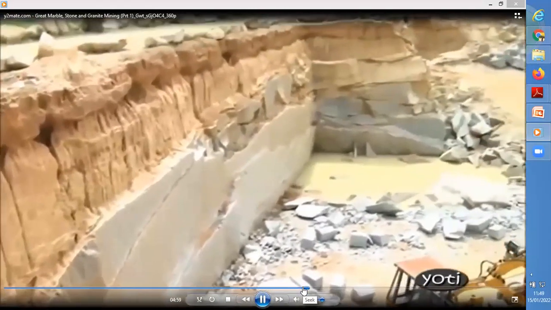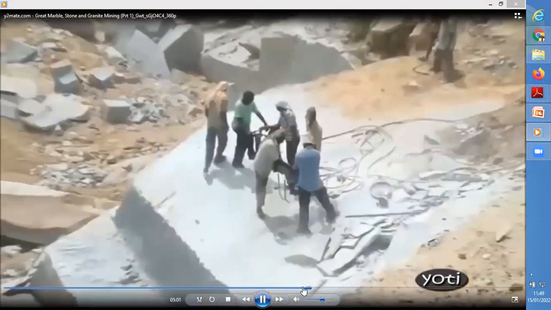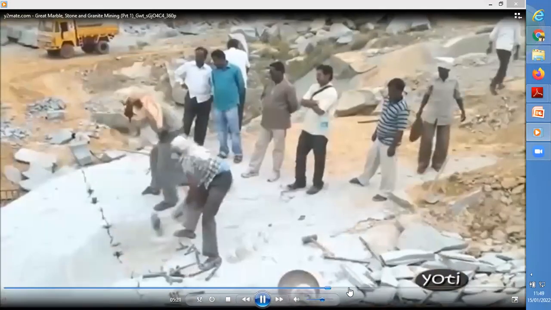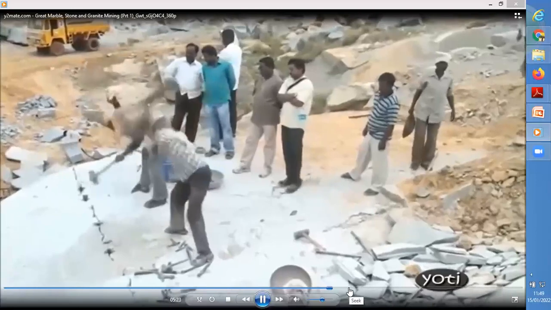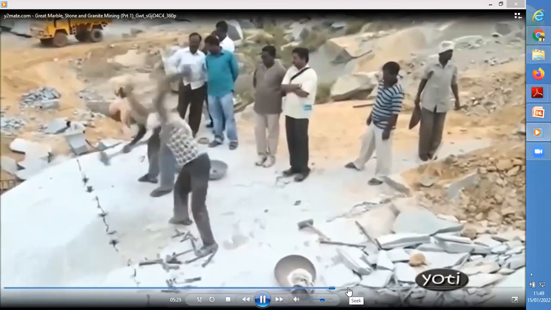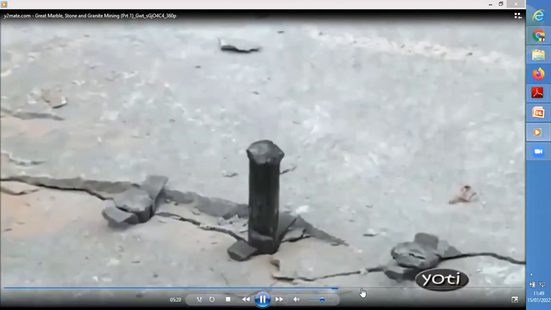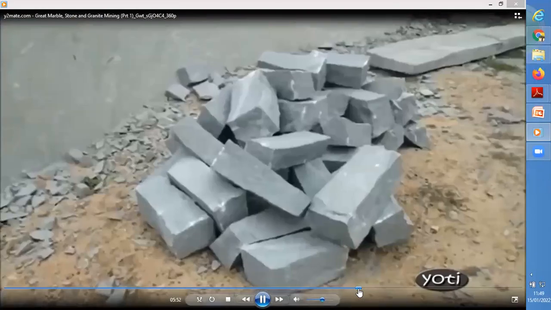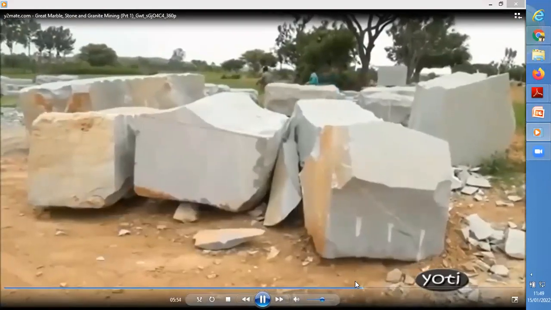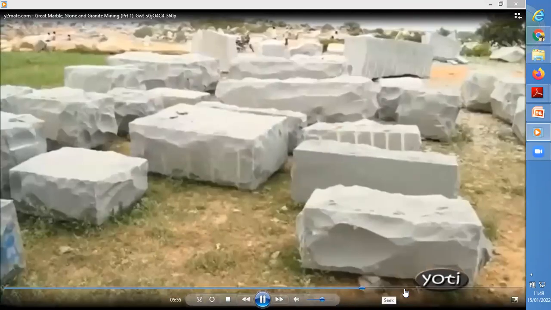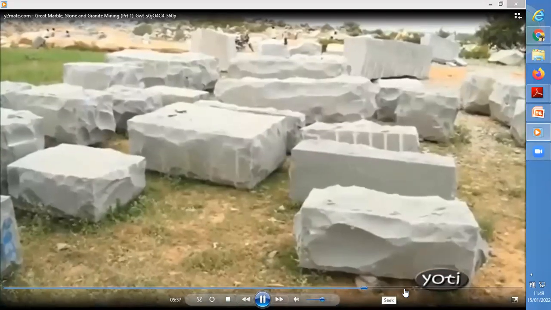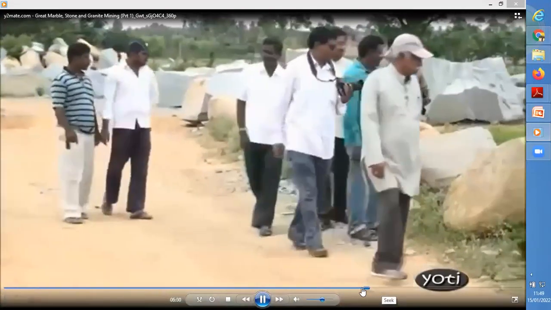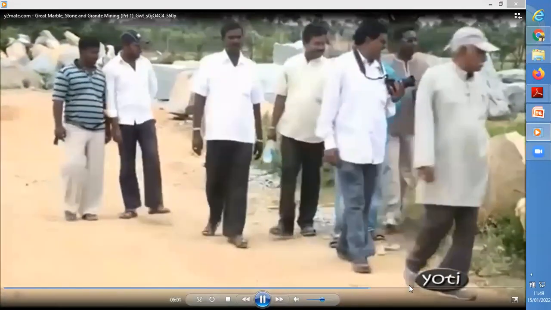So such vertical and horizontal joints are present. So the rock blocks are easily quarried, having rectangular, sub-rectangular shape.